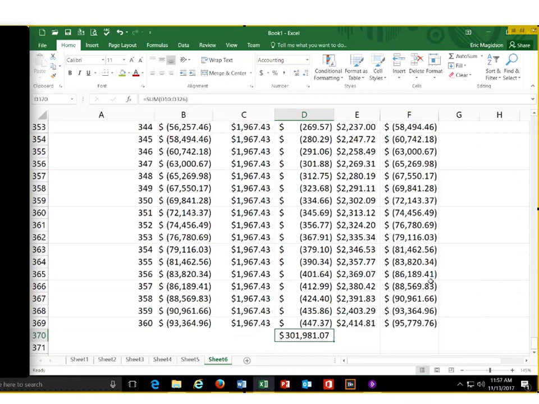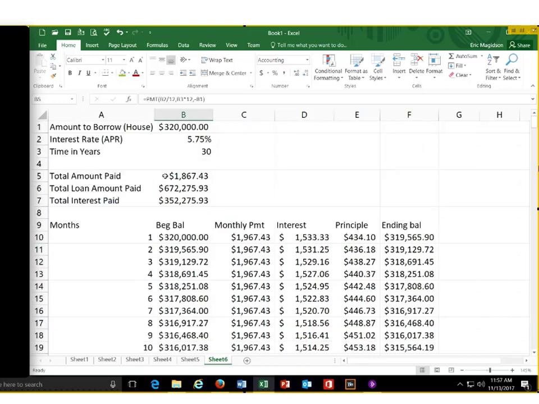You can just go to your payments, which at the very beginning, I forget whichever cell it is. You can go to my payments. Here's my payment. You'd want to divide B5 by 2. You're now paying twice a month, so it's going to be half of it.